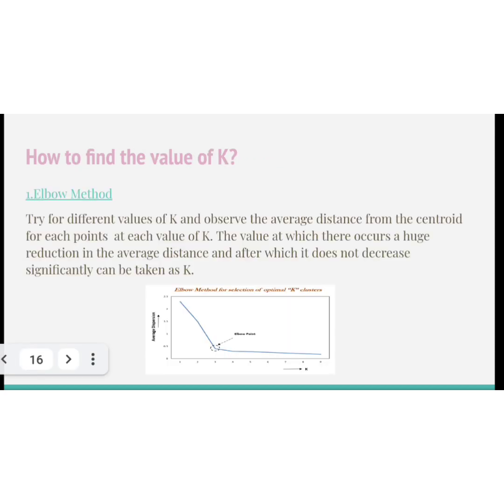Now, coming to the point I had said earlier, that means how to find the value of K in a systematic way. So there are two methods for that. The first one and the most popular one is the elbow method.